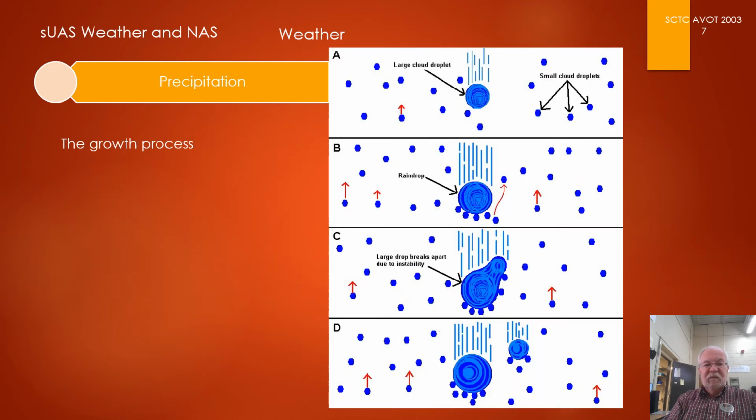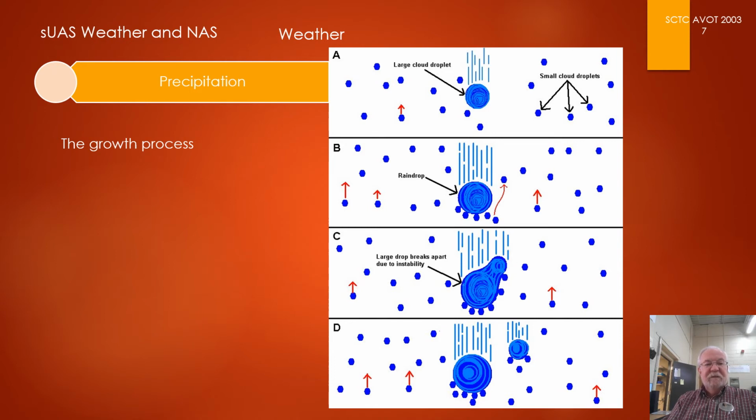This is an example of that growth process here. Not all clouds turn into rain, or some kind of precipitation, right? So obviously, you look out there and there are clouds all the time, and usually the droplets are too small or light to fall to the ground.